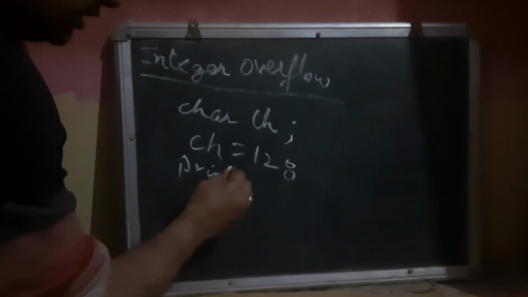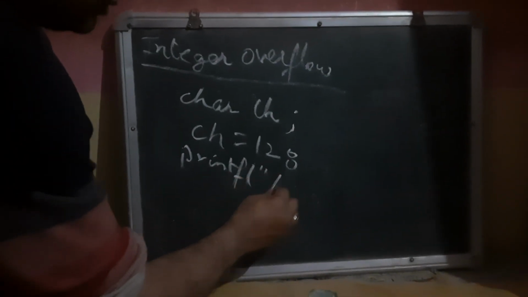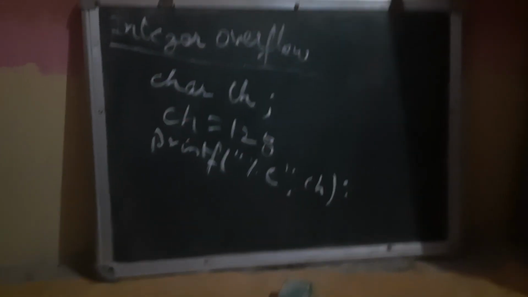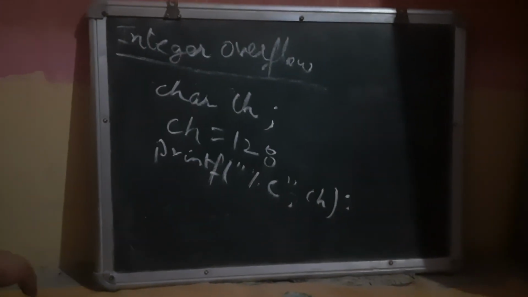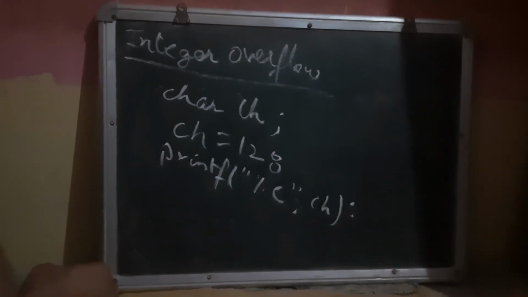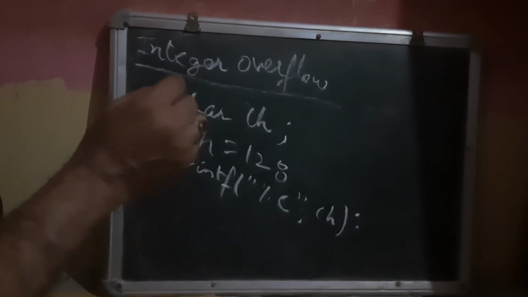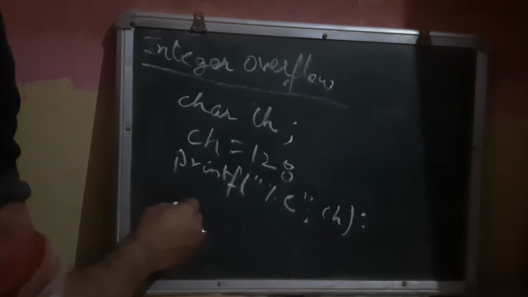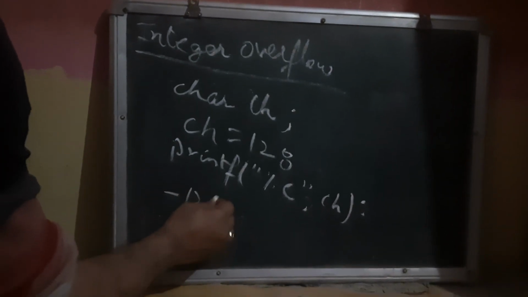And suppose I need to print this ch with a printf statement like %c ch, what will be printed out? Now most of you will say that okay, 128 will be printed out, but the output of this printf statement will be -128.